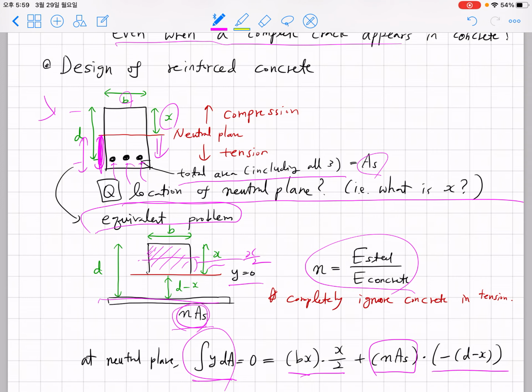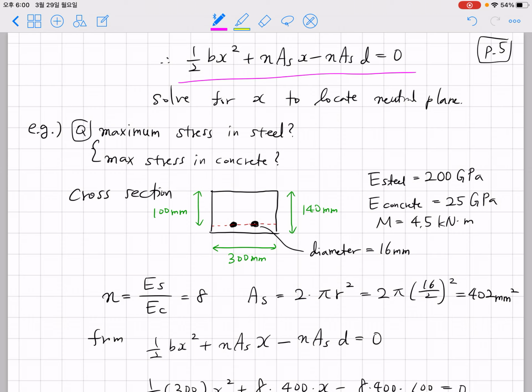So this is the abstract approach, and let's try to solve a concrete example. I mean not concrete, but a more specific example with real numbers. In this problem, you have to consider the maximum stress in steel and the maximum stress in concrete for this cross section, and the Young's modulus of steel, the Young's modulus of concrete, and the applied moment are given as follows.